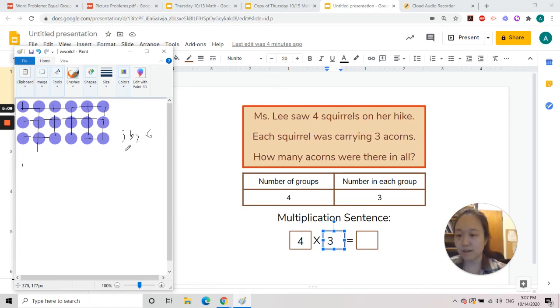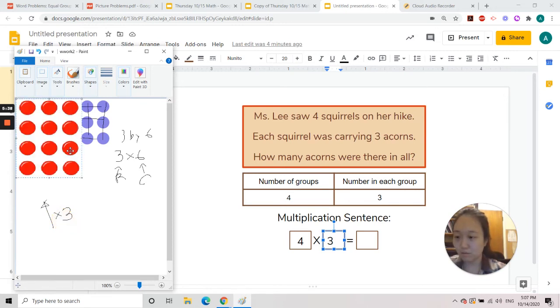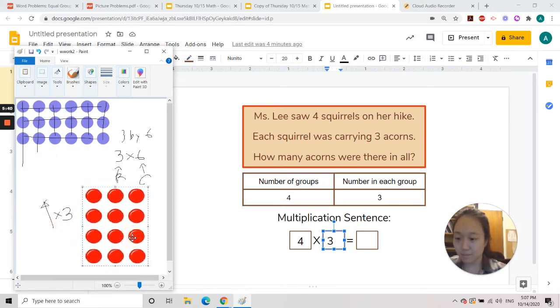A 3 by 6 array can also be represented by 3 times 6, where the first number represents the number of rows, and then the second number represents the number of columns. So if I want to solve a multiplication sentence, 4 times 3, then that means my array will look something like this, because it's a 4 by 3 array.